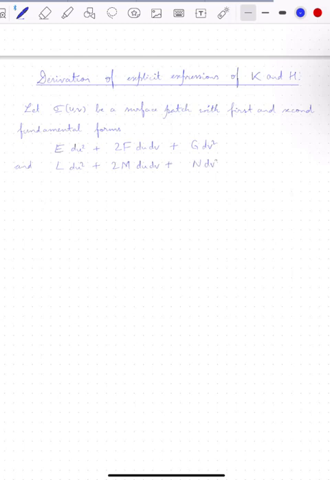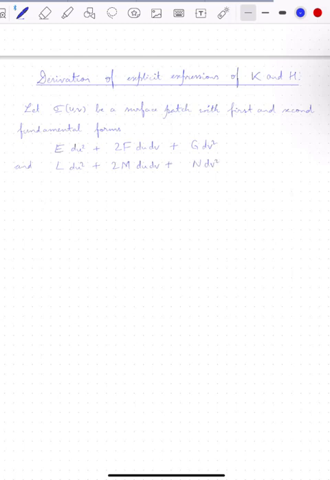At the outset, let sigma(u,v) be a surface patch with first and second fundamental forms E du squared plus 2F du dv plus G dv squared, and then L du squared plus 2M du dv plus N dv squared, right?